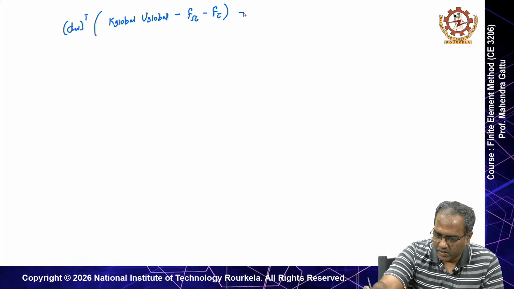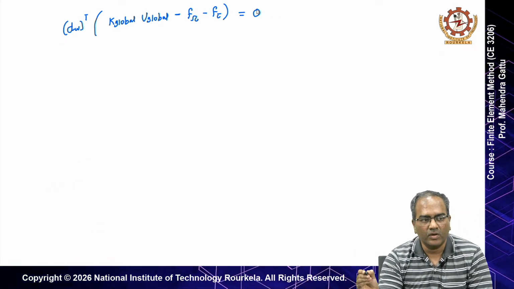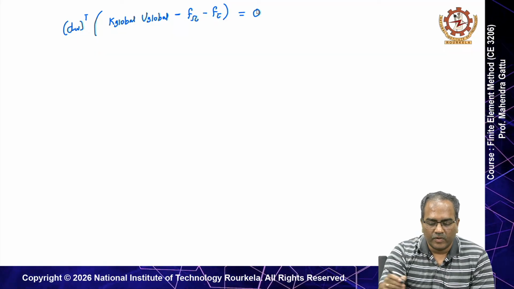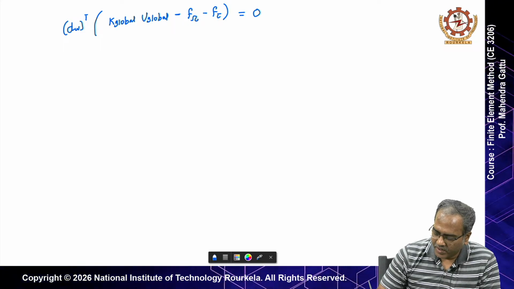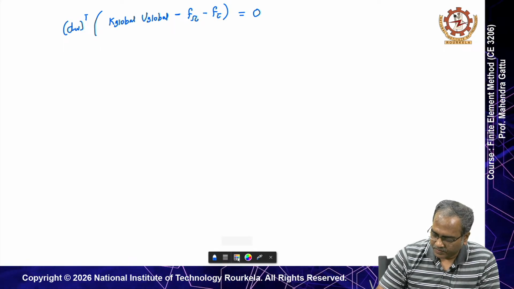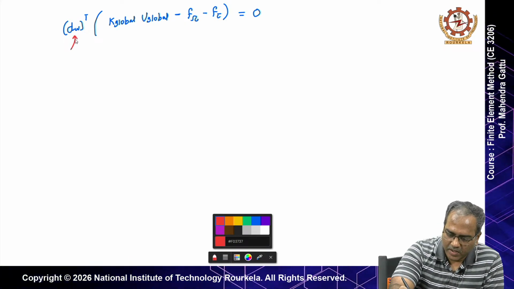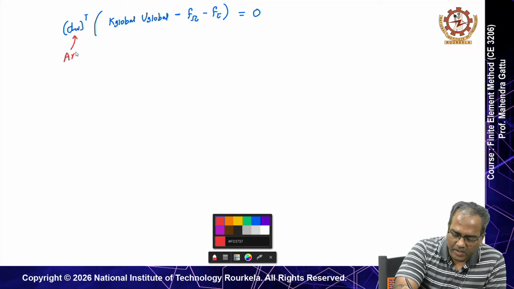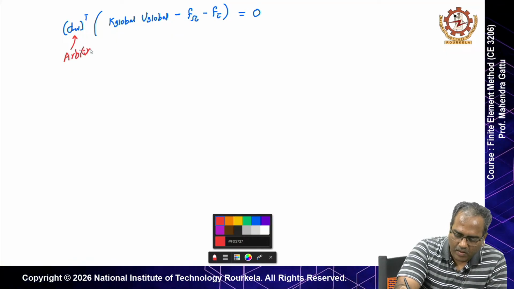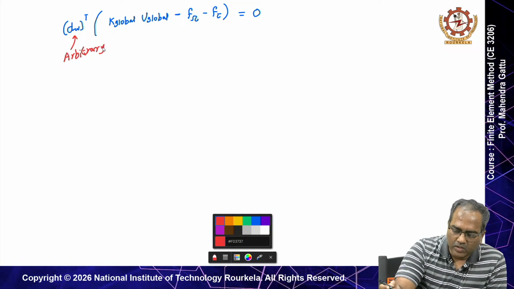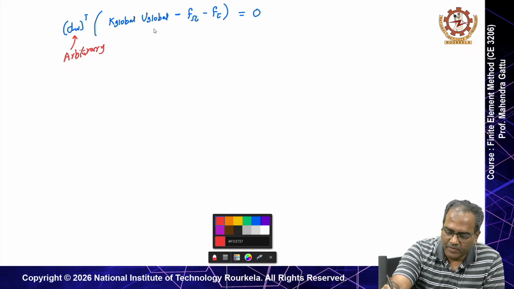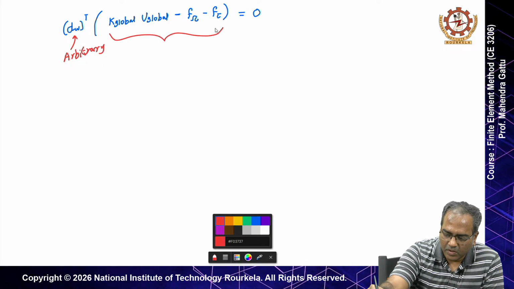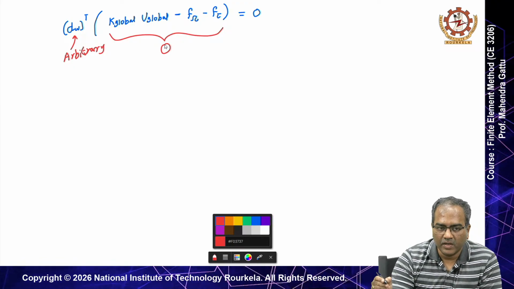This term is 0. These values are arbitrary. This equation is valid for any W of x, so this is arbitrary. So, the only way this equation will be satisfied is if this term goes to 0.